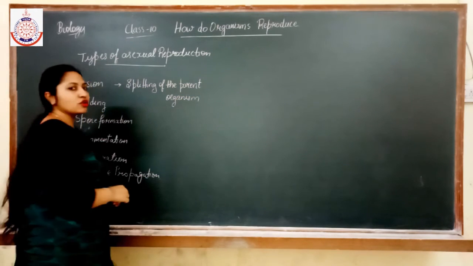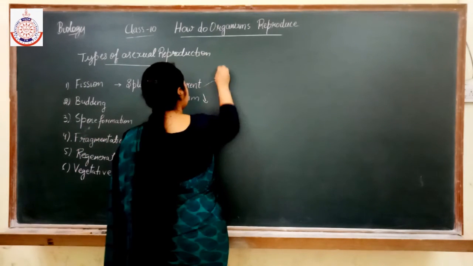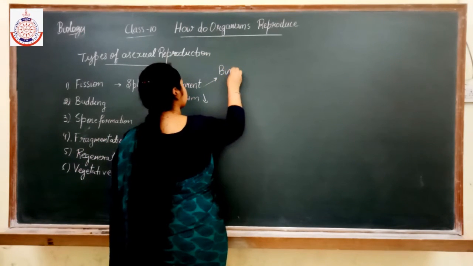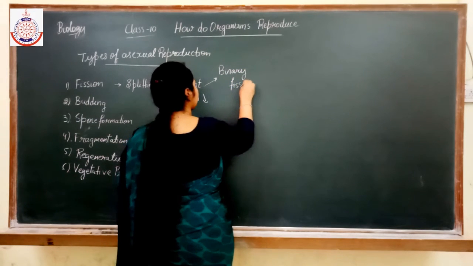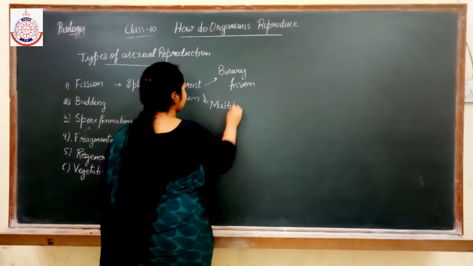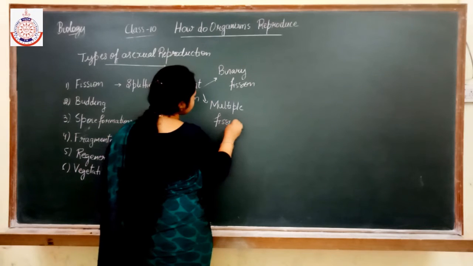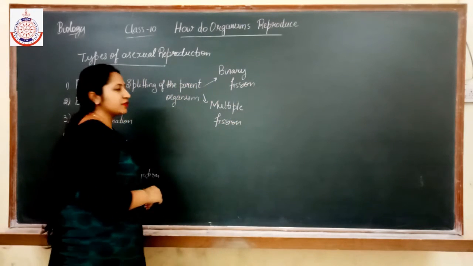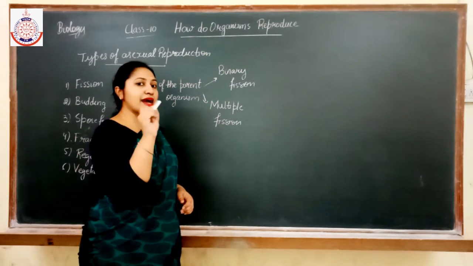Now fission is also of two types. First is binary fission, and second is multiple fission. In case of binary fission, bi means two.